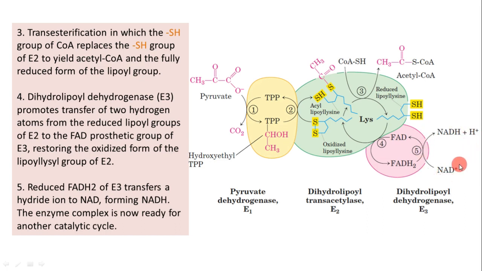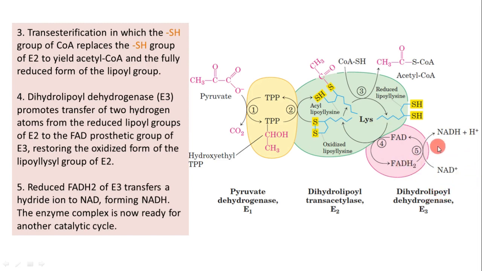This is the fifth step in the formation of acetyl coenzyme A. Actually, the acetyl coenzyme A is formed in the third step itself. The fourth step is the regeneration of the oxidized form of lipomide, and the fifth step is the formation of NADH from the FADH2.